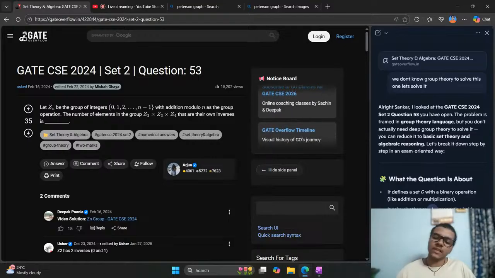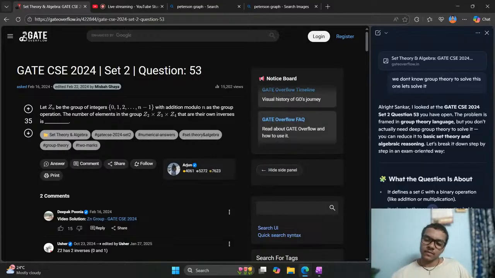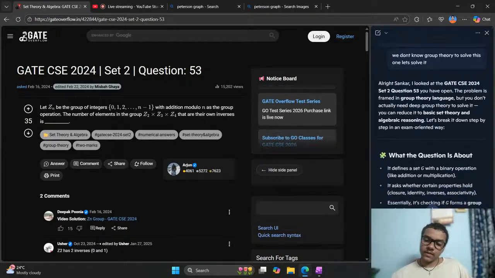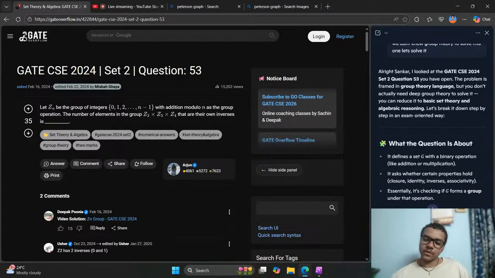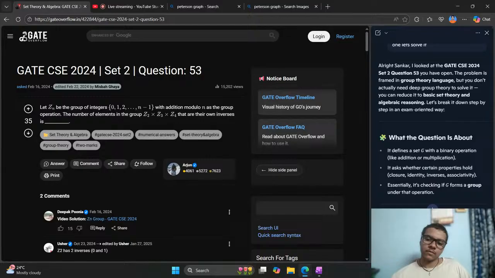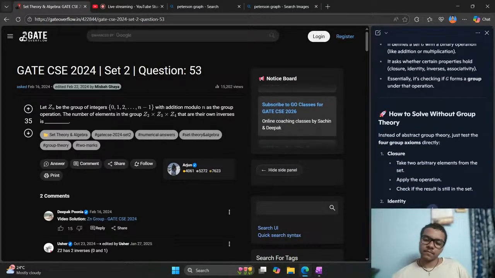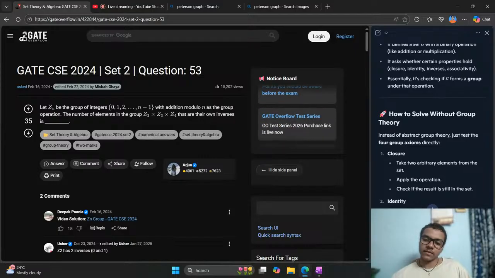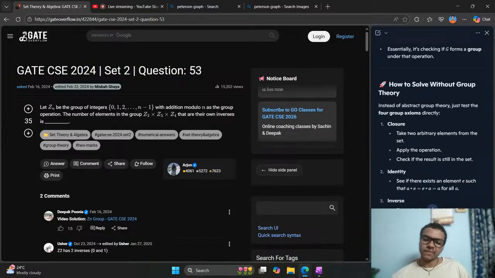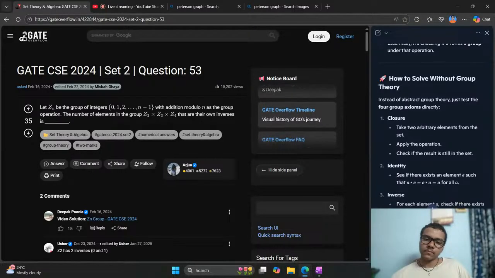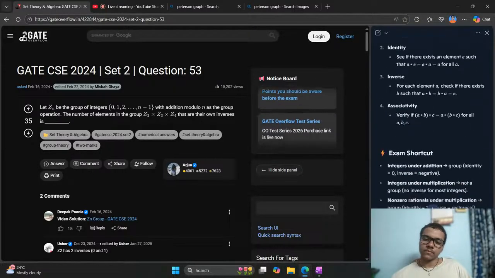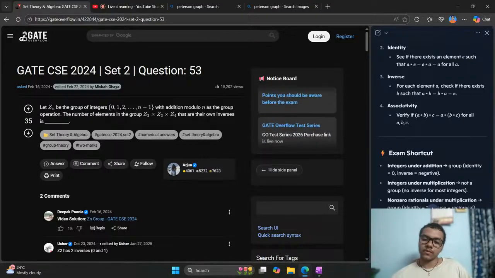Basic set theory and algebraic reasoning. Like addition or multiplication with a certain property, closure. Take two arbitrary elements from the set, apply the operation. Okay. Integers under addition, a group.